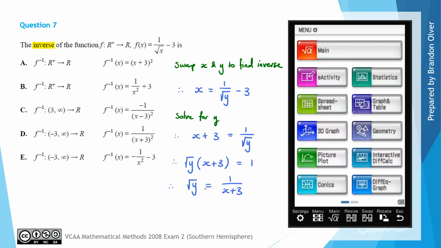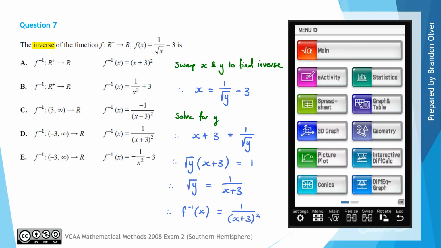In our last step, we square both sides to get y by itself, and instead of y, we replace it with f inverse so that we're using the correct notation. So f inverse of x is equal to, and squaring a fraction, we just square the top line, so 1 squared is 1, and on the bottom line we get x plus 3 all squared.